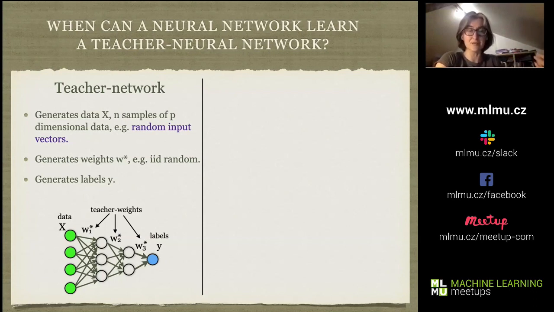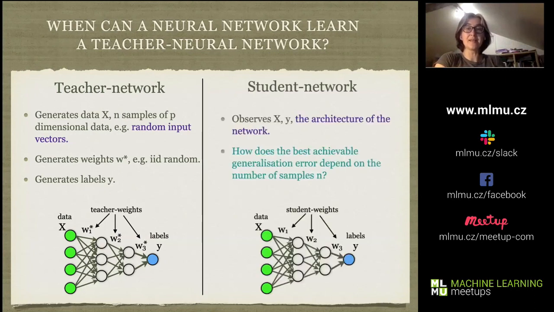This is just noise. Then you take a neural network that you pick as you want, that will be called a teacher neural network. You set the weights in some way that you know, these W stars here, and you use that neural network to generate the labels Y. And then the student network takes the inputs and the outputs.